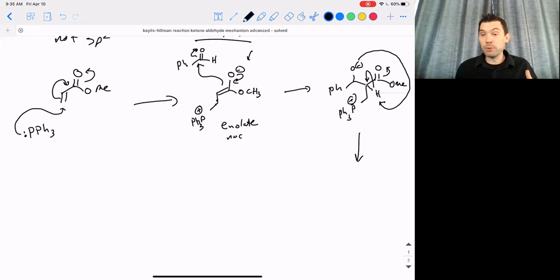But as a reminder, it's really difficult to ever do a reaction on exactly one molecule. We do chemistry, especially organic synthesis, on Avogadro's number of molecules. So there's a lot of molecules, even in a very, very small sample. And so often these deprotonations are a neighboring molecule that gets deprotonated or a solvent molecule. I'm just drawing it here intramolecularly to make the mechanism a little bit simpler.